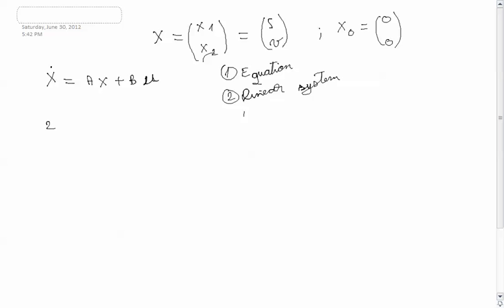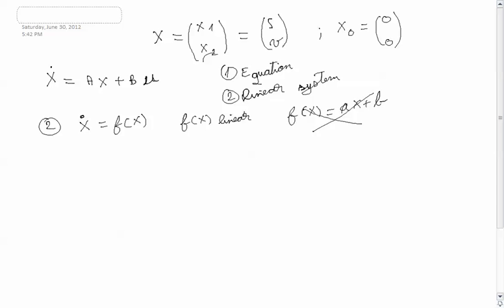What is a linear system? So let's say that x is the state variable, so the change of x equals f of x. A linear system is a system where f of x is linear. Attention, f of x equals ax plus b is actually not a linear function.